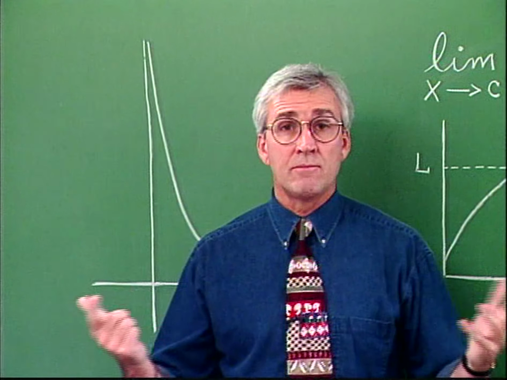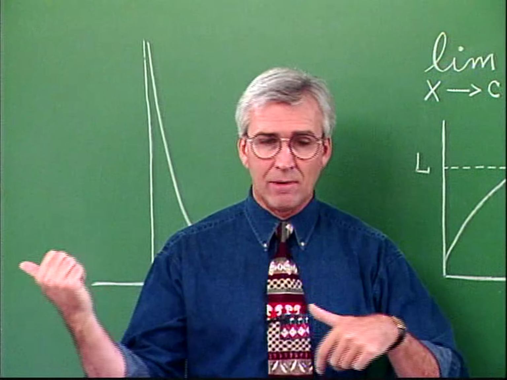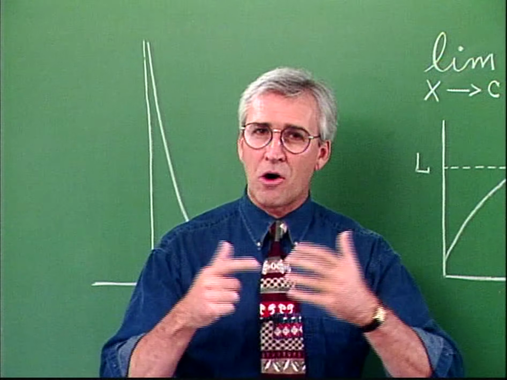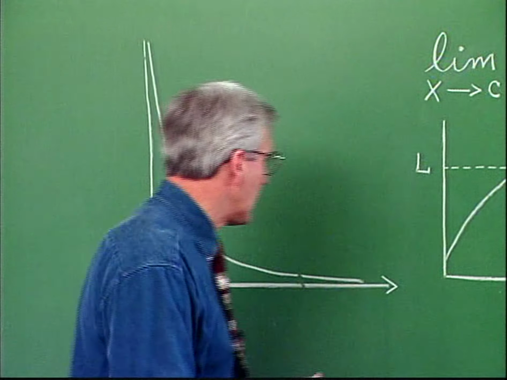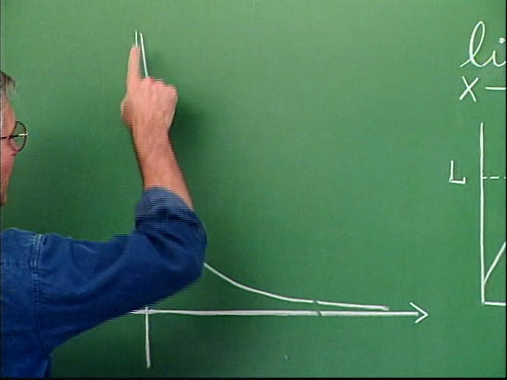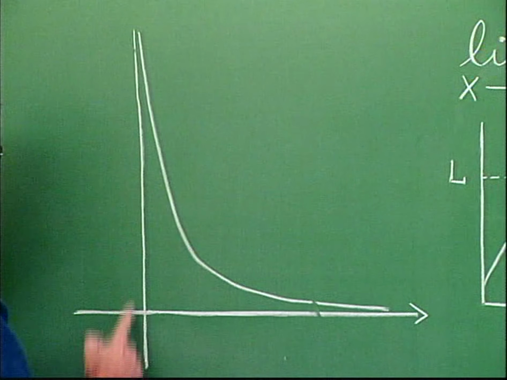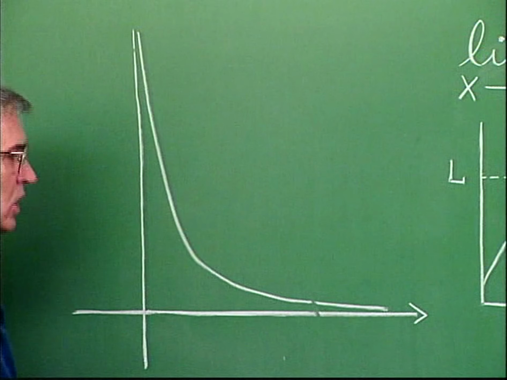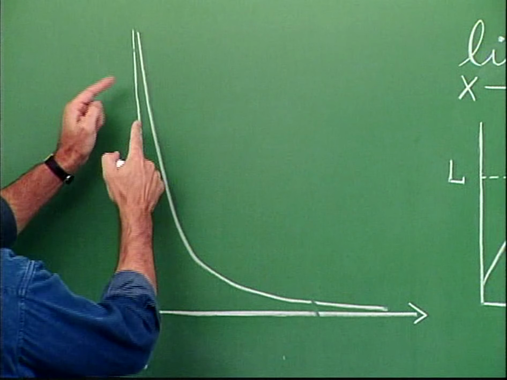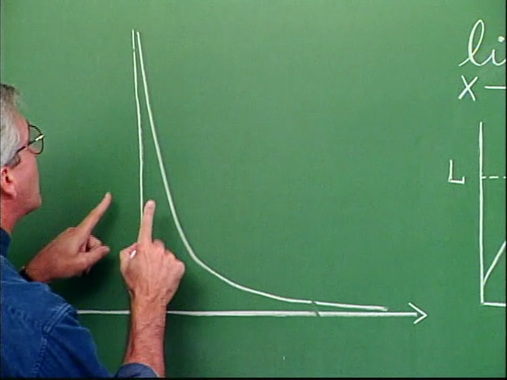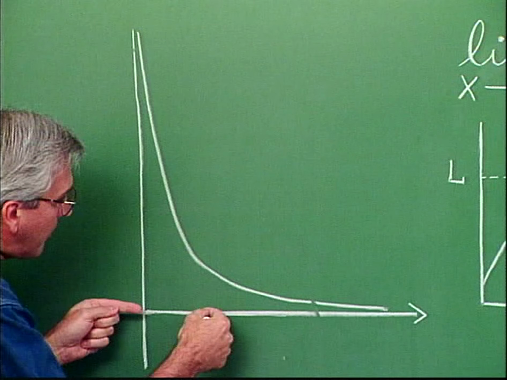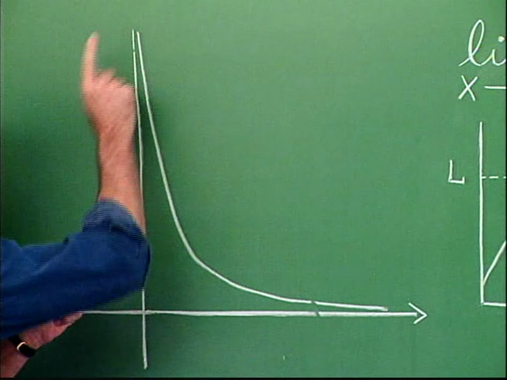The extremes of the coordinate plane means extremely left, extremely right, extremely up, extremely down. And infinitely close means arbitrarily close. Let's suppose that here is such a graph of a rational function. Let's say that the y-axis here is an asymptote. So we know that the graph gets infinitely close to that asymptote as the graph rises. In other words, as x approaches 0, f of x approaches infinity.